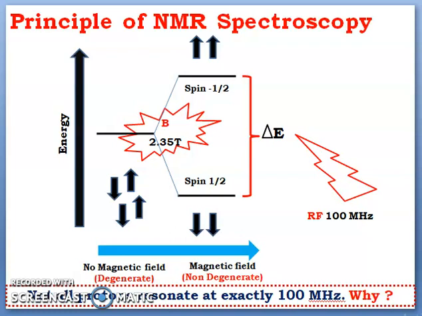If we irradiate radio frequency radiation of 100 MHz, then the flipping of protonic spins takes place at resonance. But not all the protons resonate at exactly 100 MHz due to the chemical shift, which we have discussed in our previous module.